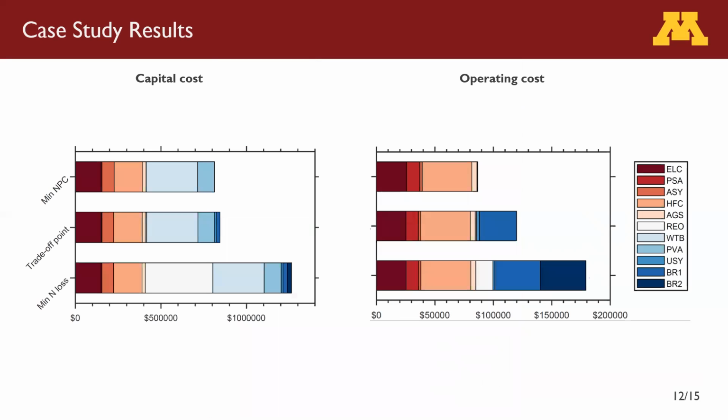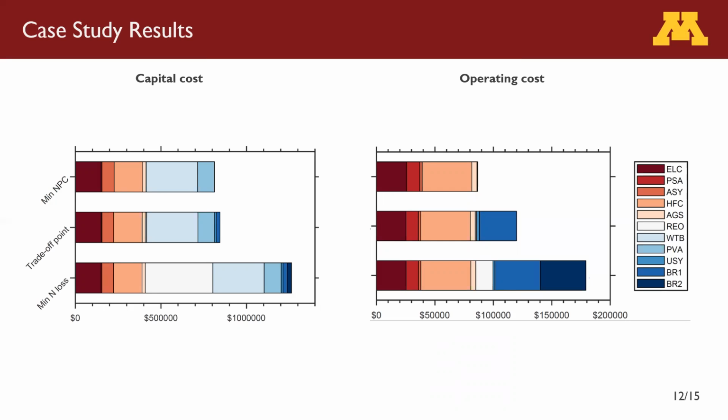If we look at the cost, we see that for both capital and operating costs, the cost for ammonia production and the energy generation part is nearly identical for all 3 cases. And the major differences are from the water treatment related processes, which are mainly for the agriculture system.